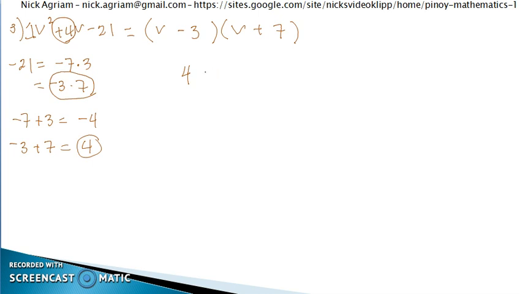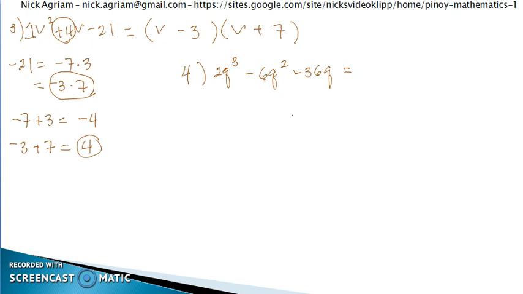We have 2q raised to the power of 3 minus 6q squared minus 36q. As you can see, before doing something, you should ask yourself the easiest question: is there a common factor?